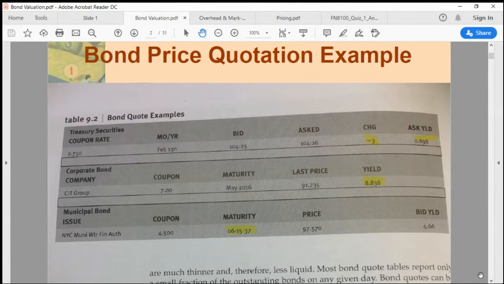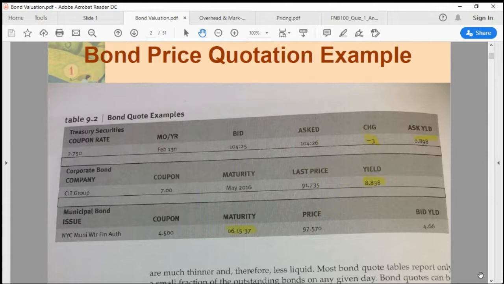In other words, bonds can be issued by the federal government, specifically by the Treasury Department, and then by the corporations and by the municipal governments, right? Depending on who is the issuer, it's called by different names.